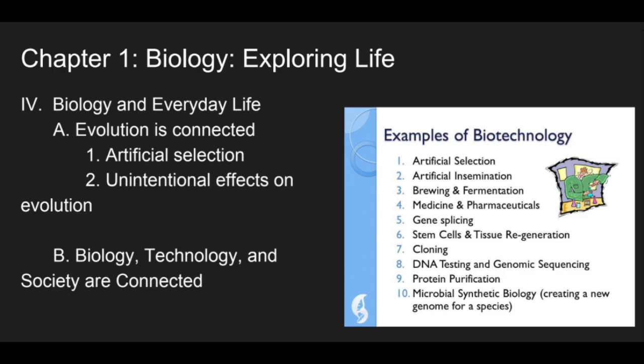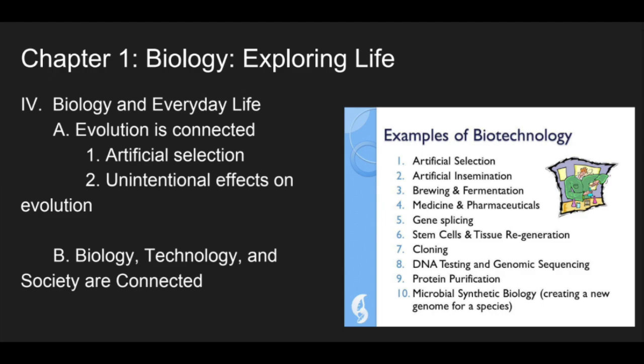So humans, in this sense, are artificially selecting which traits they want to pass on. While this benefits us in some ways, there are also unintentional side effects on evolution because nature isn't being allowed to take its course, isn't allowing these organisms to choose which traits are going to be best in the long term.